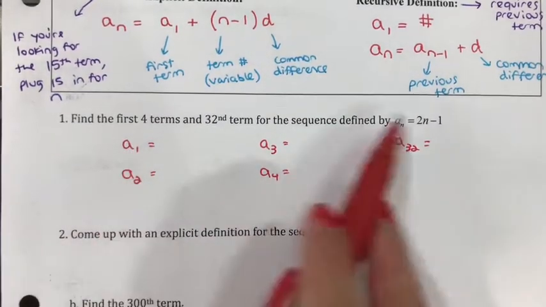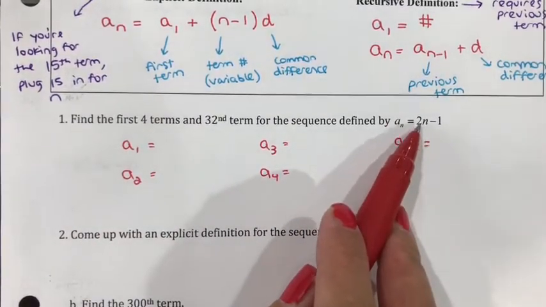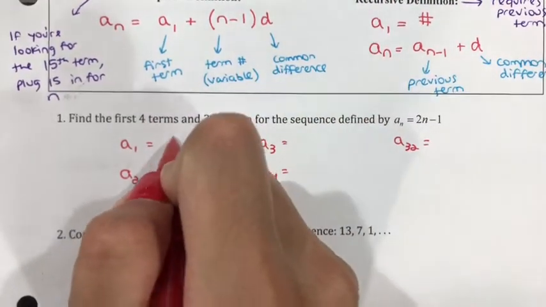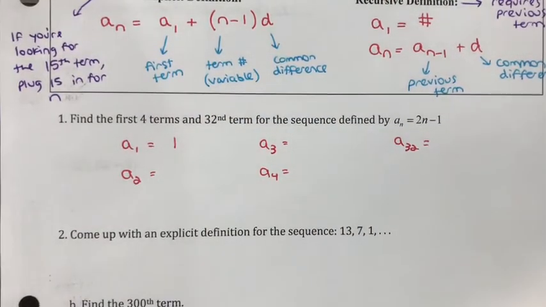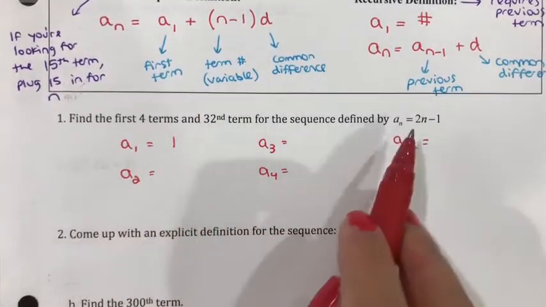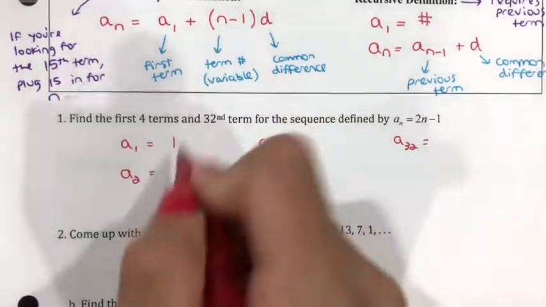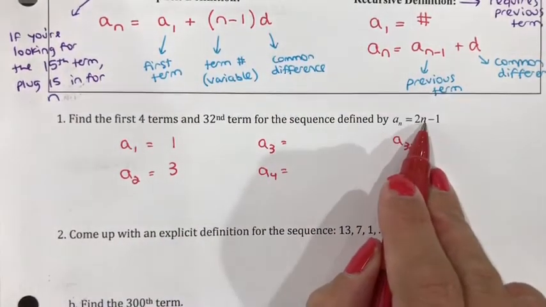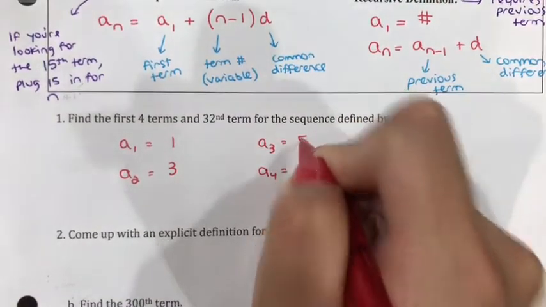So A1 means we're plugging 1 in for n. Now if I plug 1 in, I have 2 times 1 minus 1 gives me a final value of 1. Our next one, 2 times 2, plugging 2 in, minus 1 gives me 3. Plug 3 in, gives me 5.